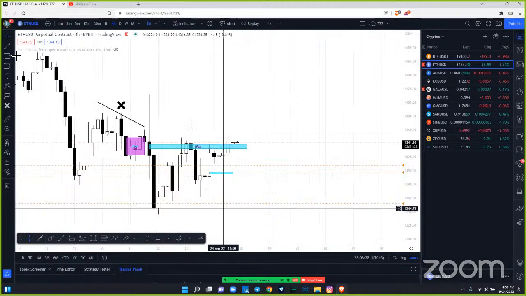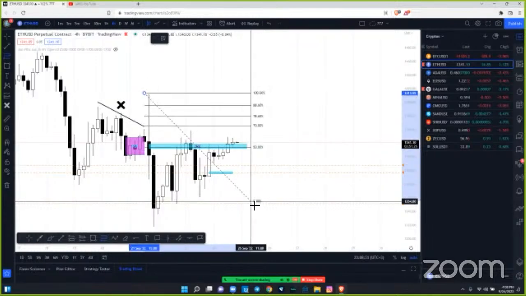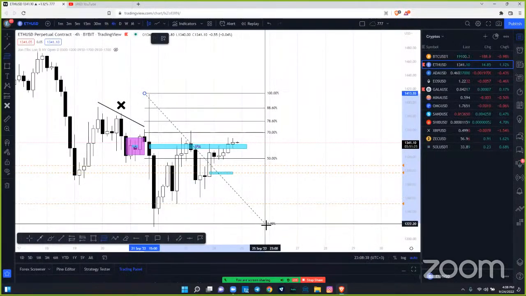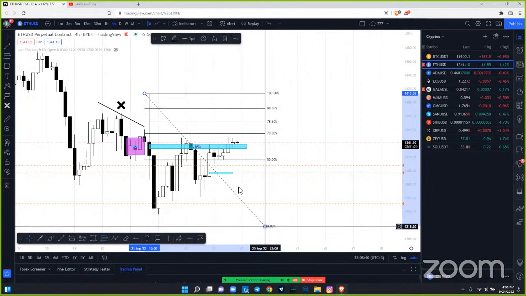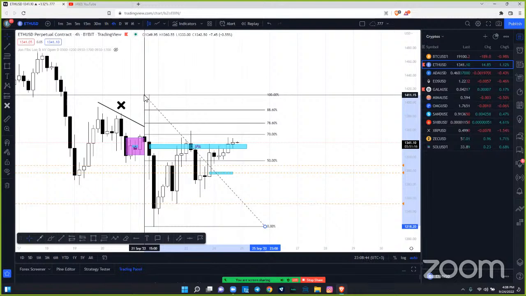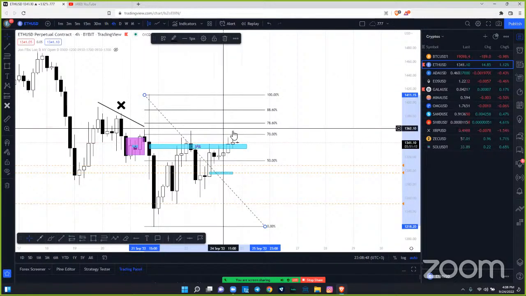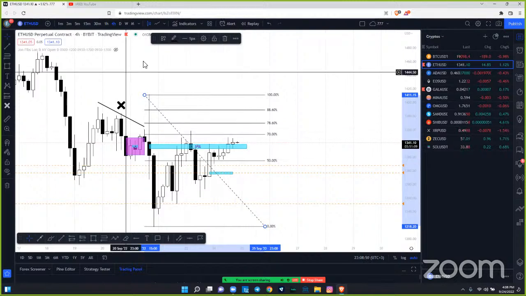And of course, we can do our Fibonacci retracement all the way from wick to wick. With the retracement already, the counter trend starting, we already got in with the 70% as well as we're above the 50%.